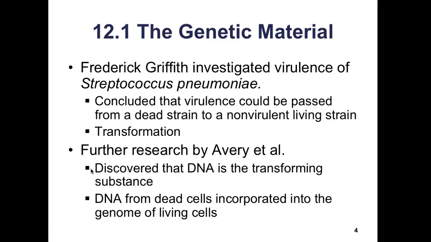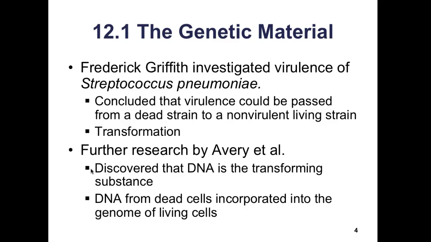So the genetic material: the race for understanding what was the molecule of importance for passing on information from generation to generation. Is it RNA or is it DNA? Well, the following scientists are going to come to solve that answer.